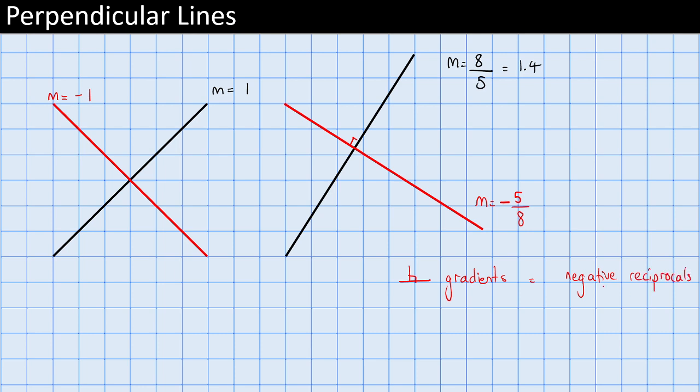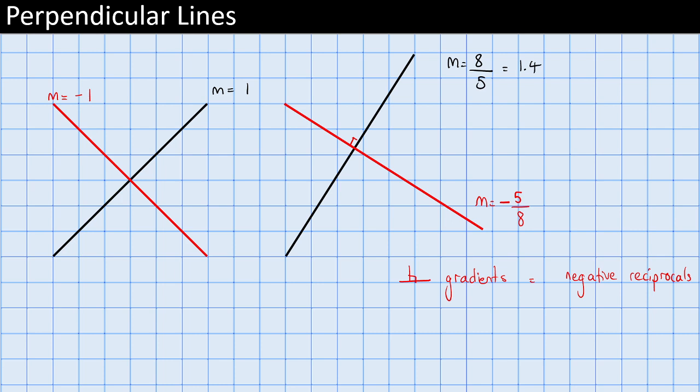If you remember that word reciprocal, it's where we take a fraction and we just flip it over. That's a word that we have used before, especially when dealing with negative powers, which involves us doing reciprocals. So perpendicular gradients are negative reciprocals of one another.